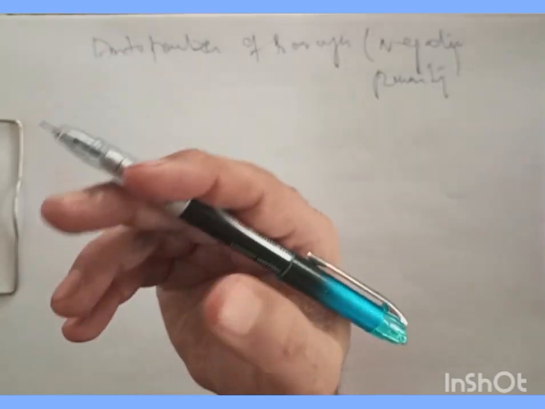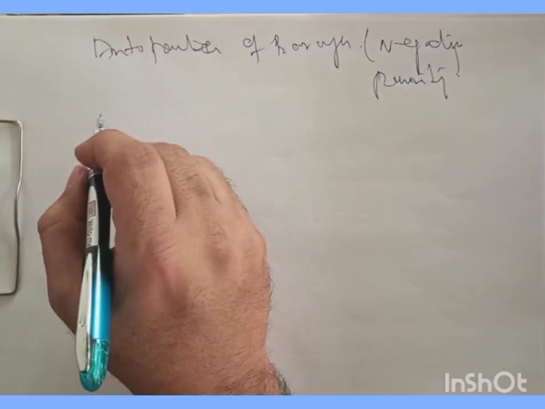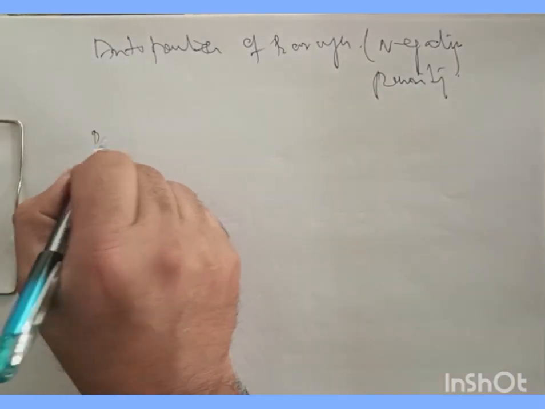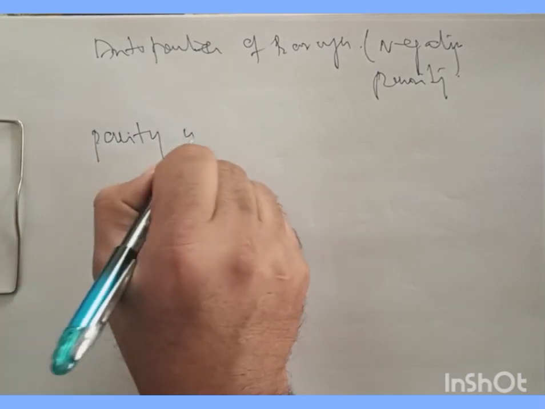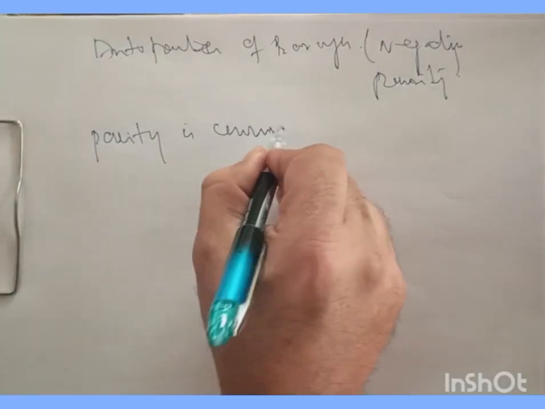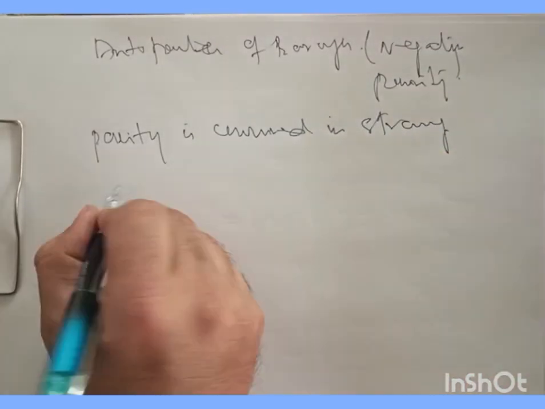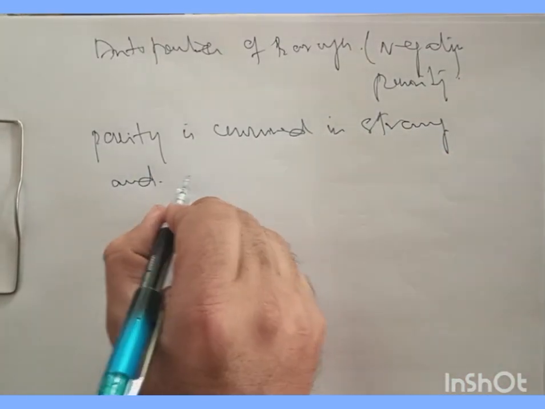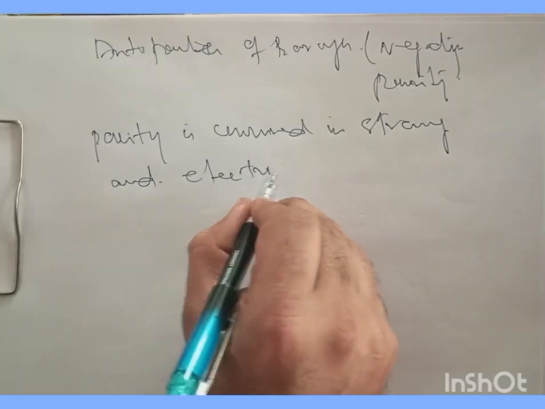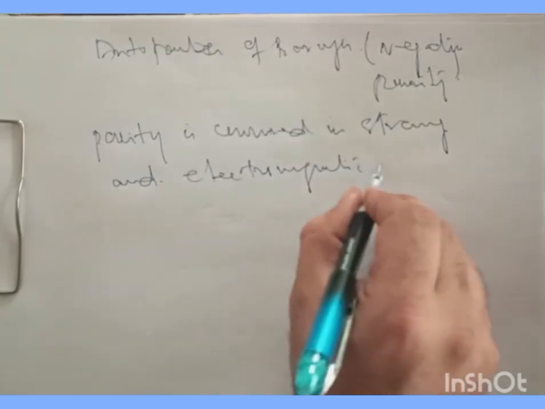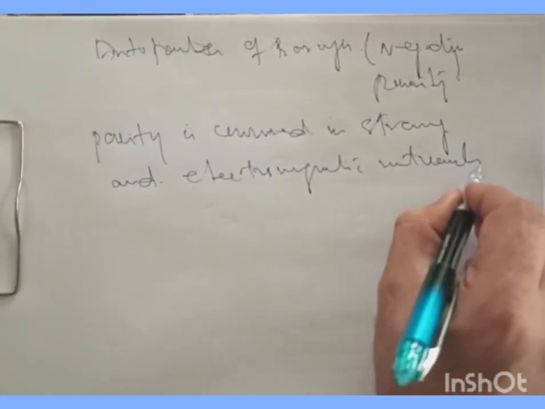Now, parity is conserved in strong and electromagnetic interactions. It's an important point to be noted.